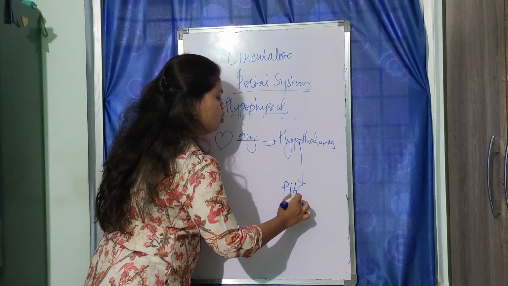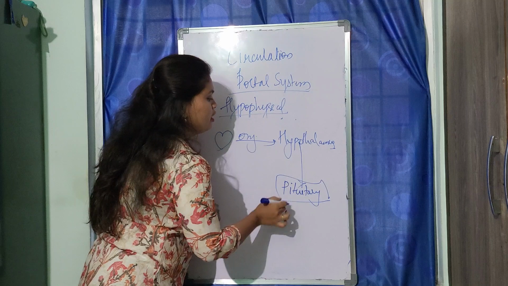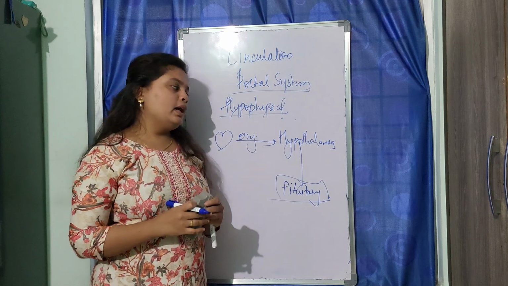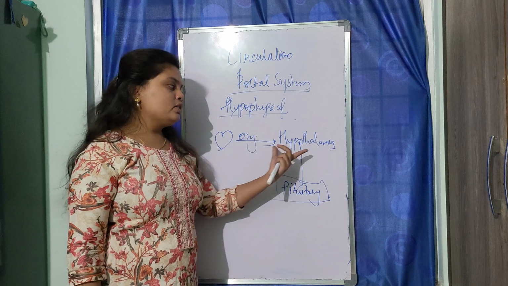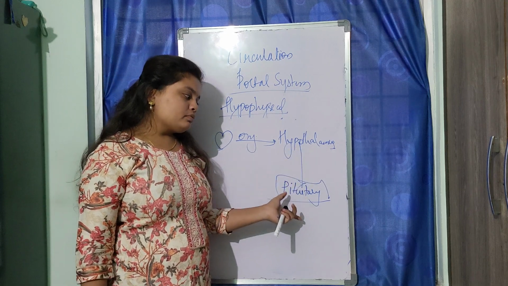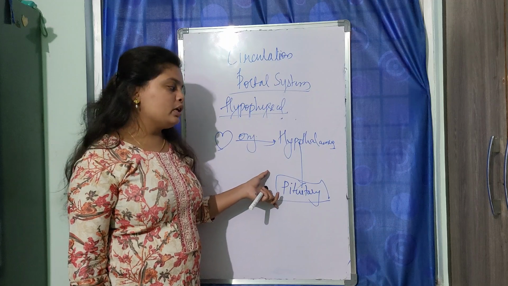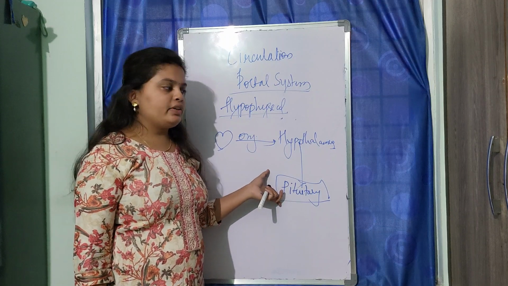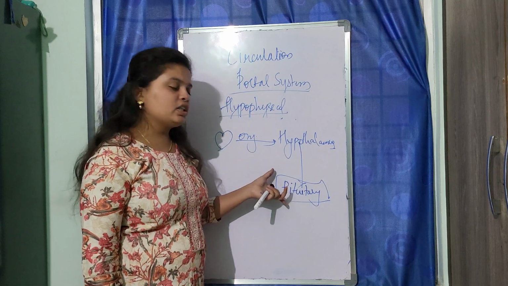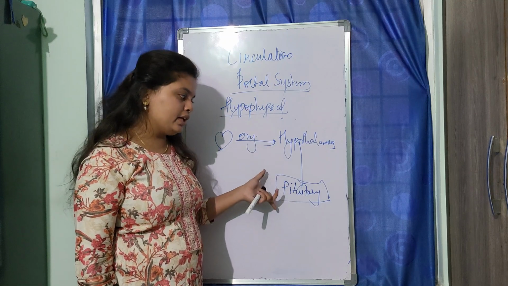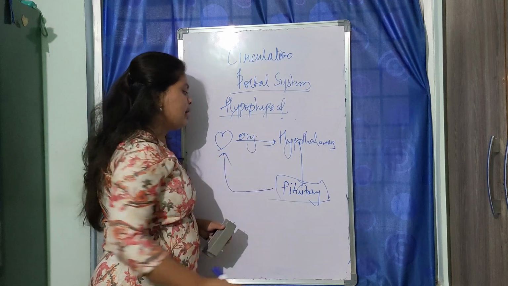This blood goes to the pituitary, and via the blood it receives the regulatory hormones released by the hypothalamus, which will guide the pituitary to regulate its activity. And after receiving the signals from the hypothalamus via this blood supply, this blood goes back to the heart.